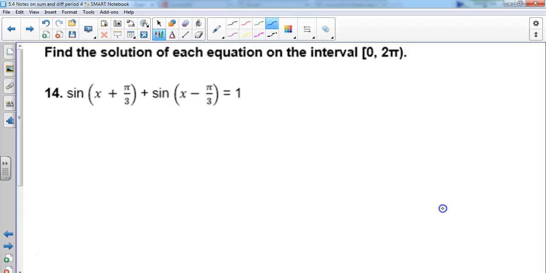Which brings us to this one. Can we just add these and say 2? Yeah, they're not the same. One is a plus b, and one is a minus b. Okay, this is not hard, but it's just kind of long. We need to expand these. Can somebody tell me what sine of a plus b trades for?